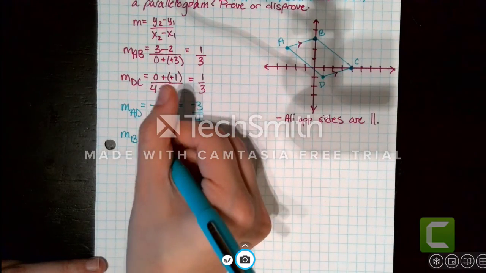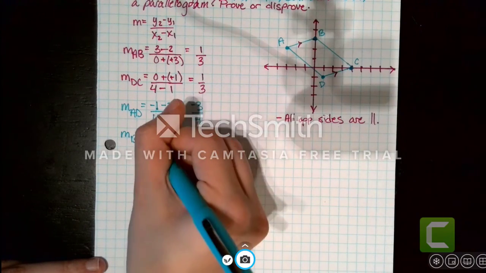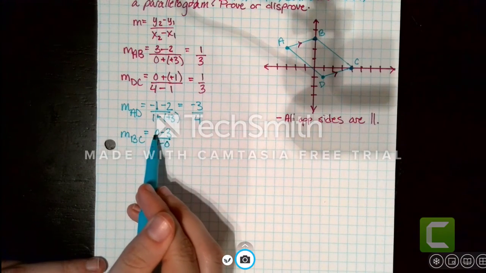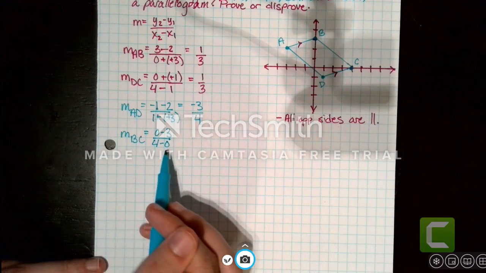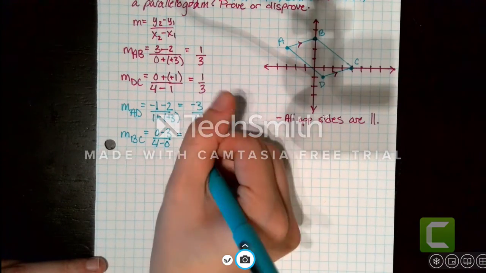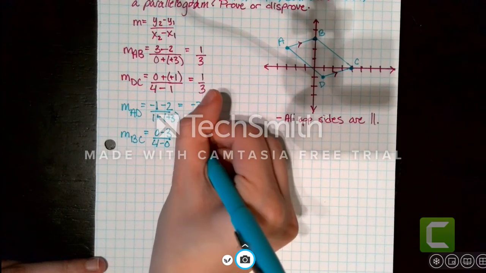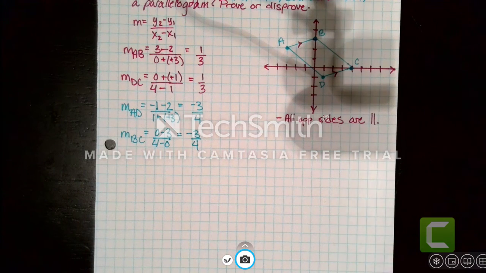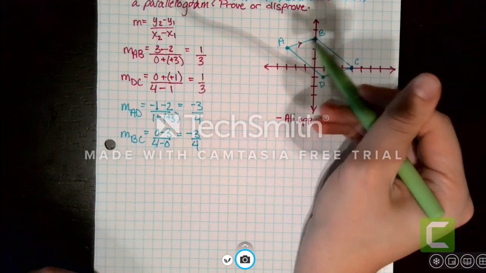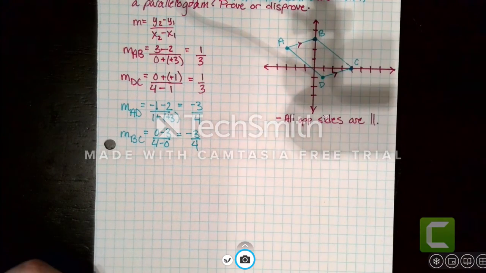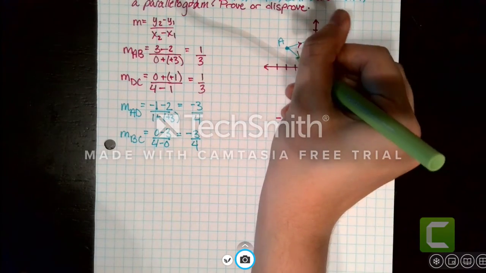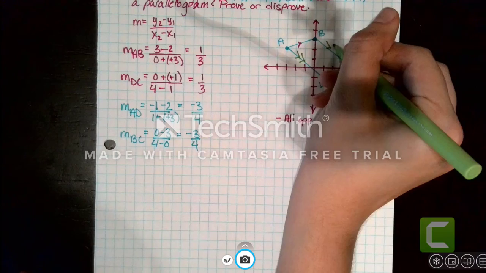You should have 0 minus 3 all over 4 minus 0. Again, taking the difference of our y values and dividing it by the difference of our x values. Your slope will end up being the same as AD with a value of -3 over 4. Using the slope formula, we just proved that side AB is parallel to side DC, and that side AD is parallel to side BC.